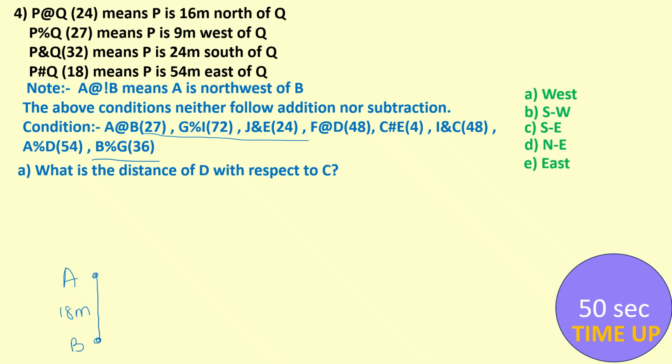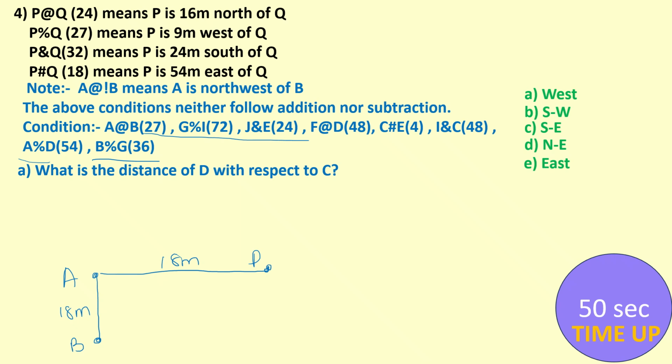G and I, but connecting points are not there here. Then where you can see, A, okay. Connecting point is A and B. So A percent D means A is to the west of D, correct, by 18 meter. Okay. Here is your D and this is your 18 meter. Next, B percent G. If you see, B is to the west of G by how much?